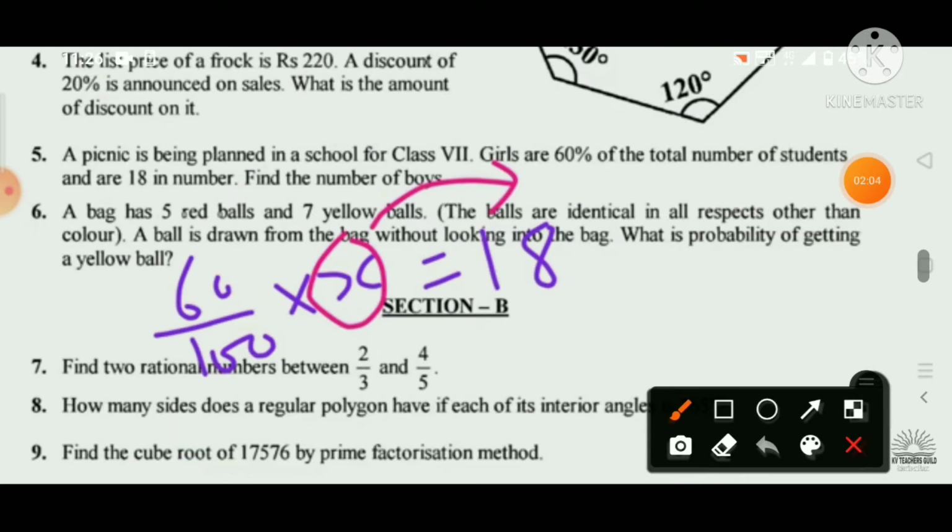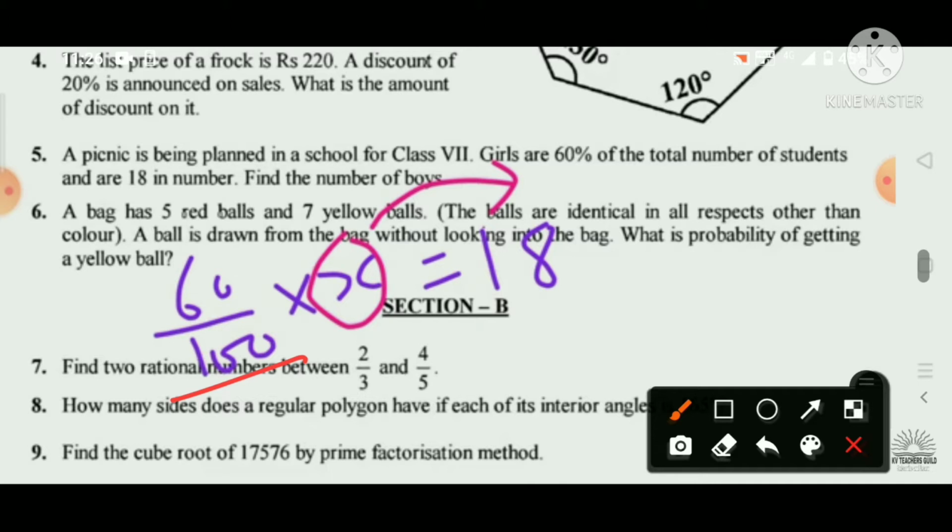The next question is: a picnic has been planned in a school for 7th class. Girls are 60% of the total number of students and are 18 in number. Find the number of boys. So we have to find the number of boys. 60% is nothing but 60 by 100.